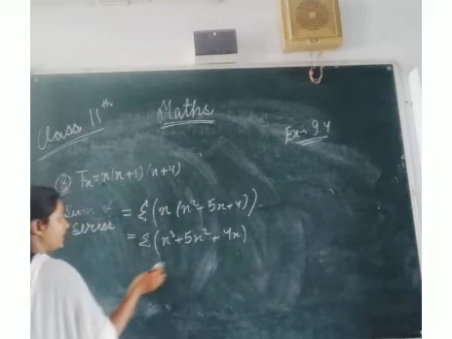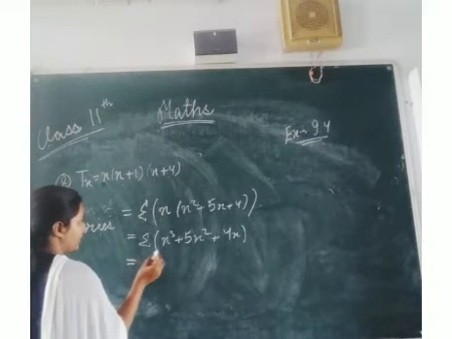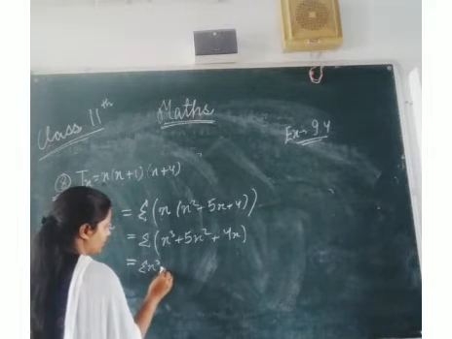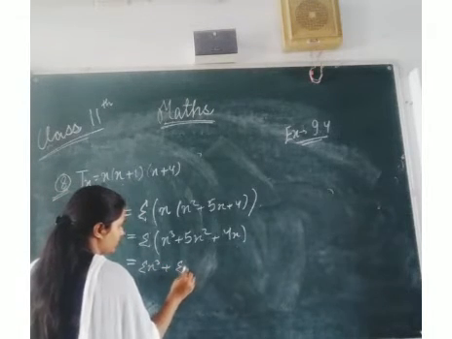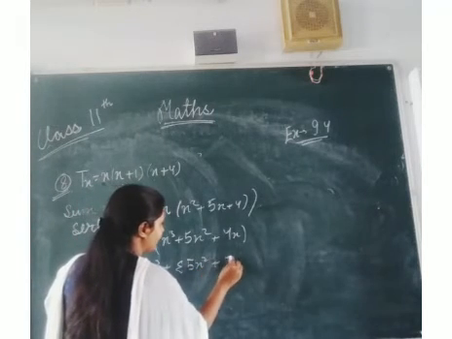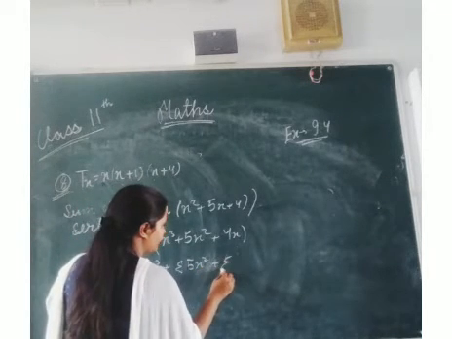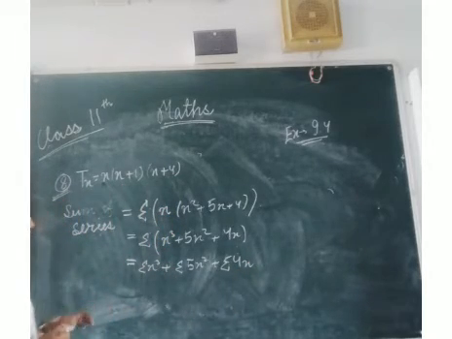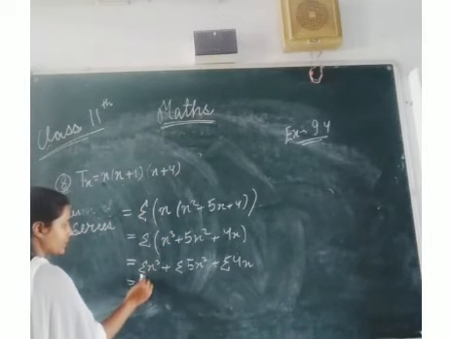Now summation can be taken for each term. So first we have summation n cube, then summation 5 n square, and then summation 4 into n. Again, we know the formula for summation n cube.